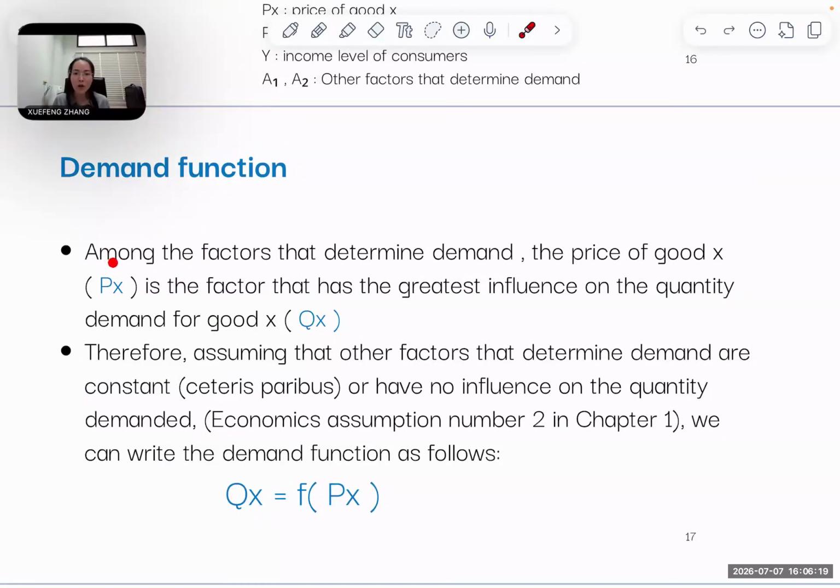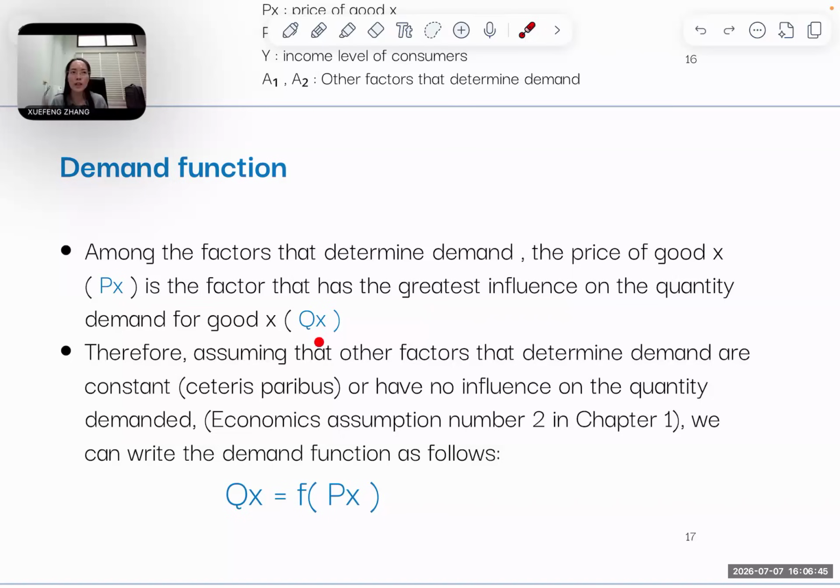And of all those factors, among the factors that determine demand, the price of good X, which is PX, is the factor that has the greatest influence on the quantity demanded for good X, right? That's why economists usually focus on it first, okay?